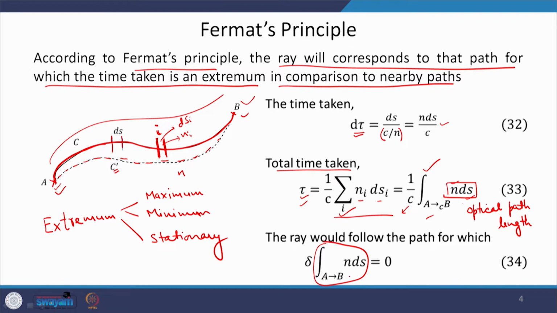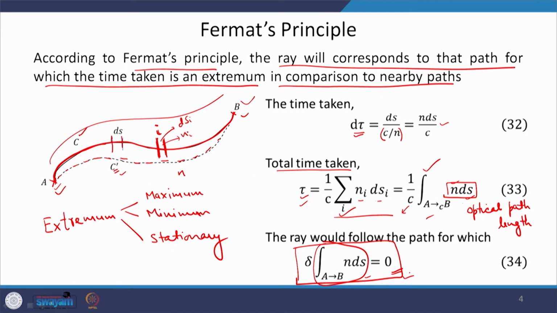Now, if this particular path C is extremum, and next to C there is another path C prime, which is slightly varied from C and which is not extremum, then any variation from path C will give you 0 here. The variation of path C should be 0 as per the Fermat principle. And if for a given path this variation is 0, that particular path would be chosen by the ray, and this is what Fermat said.